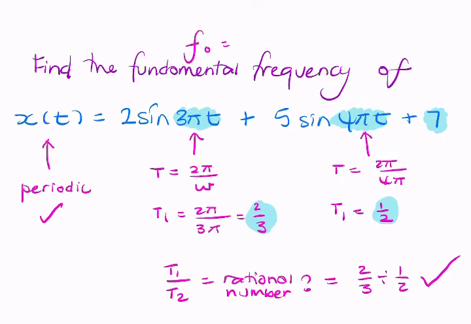and that fundamental frequency is going to be 1 over T. So the question now is, how do we find that T? How does T relate to T1 and T2?